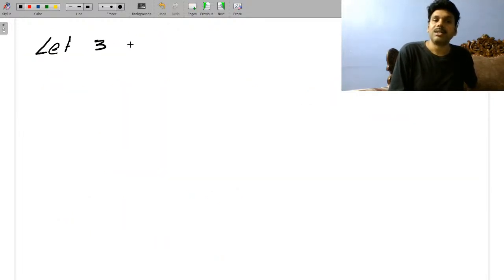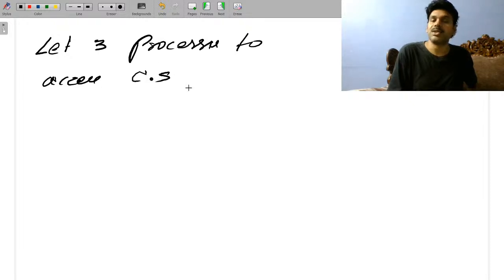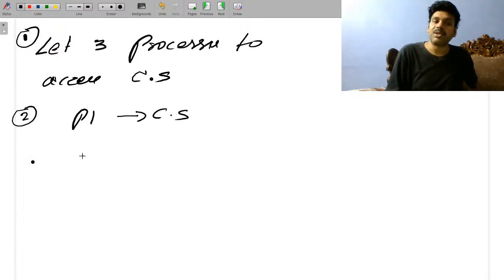Please understand, let three processes be there to access the critical section. First, P1 is accessing the critical section. Then after that, P2 will access the critical section.